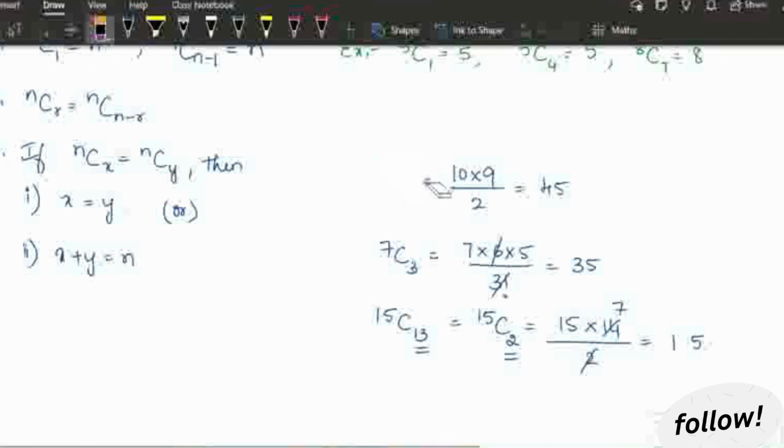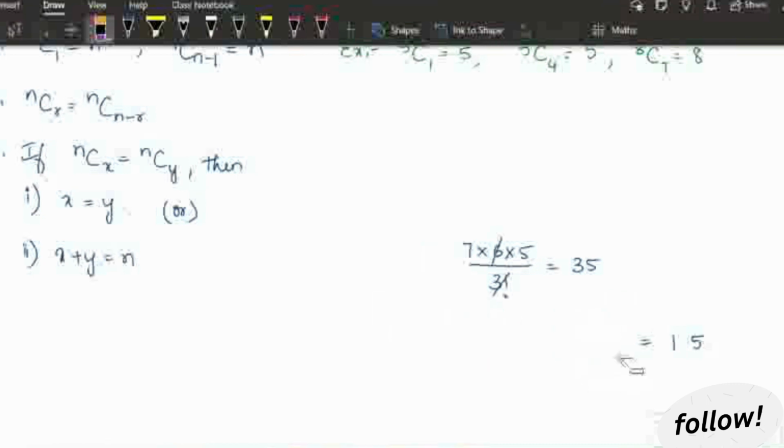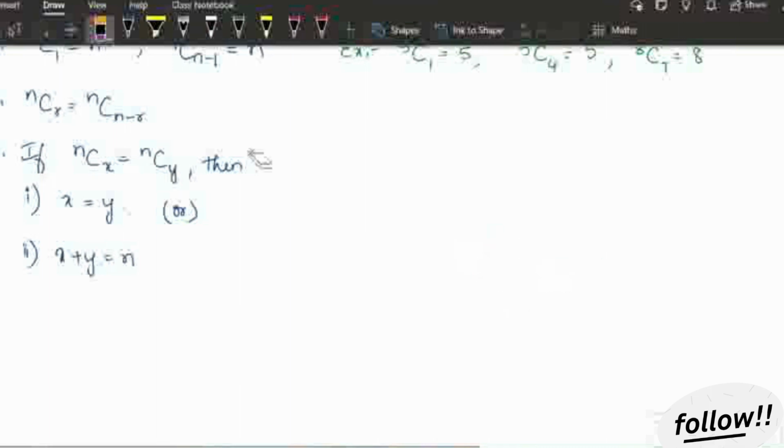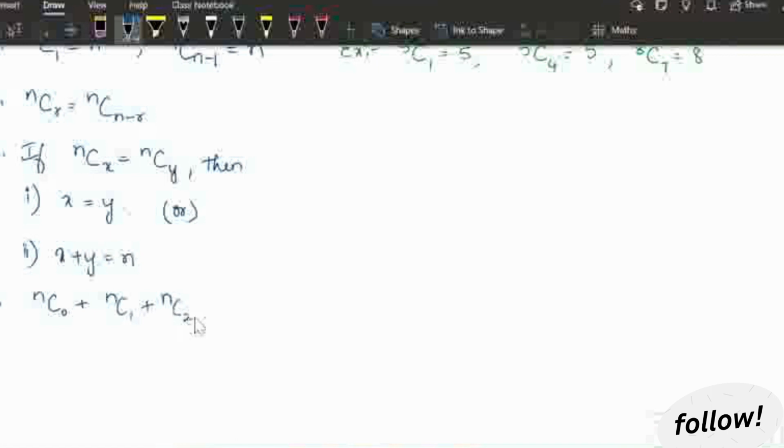And then we have one more property. The last one. That is nC0 plus nC1 plus nC2 goes on up to nCn is equal to 2 power n.